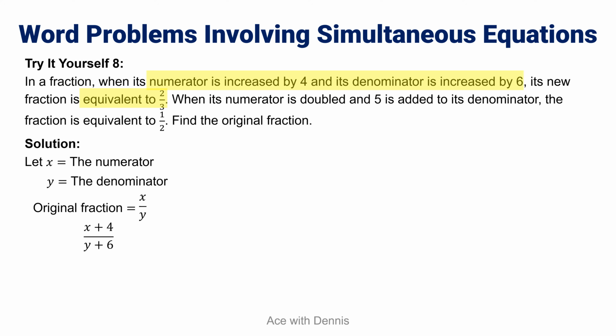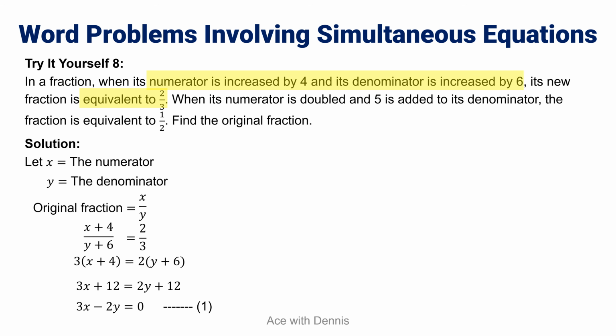It is equivalent to 2 over 3. After that, we cross multiply. We have 3 bracket x plus 4 equals 2 bracket y plus 6. Expand, we have 3x plus 12 equals 2y plus 12. Rearrange this equation. We have 3x minus 2y equals 0. Then I will label this as equation number 1.